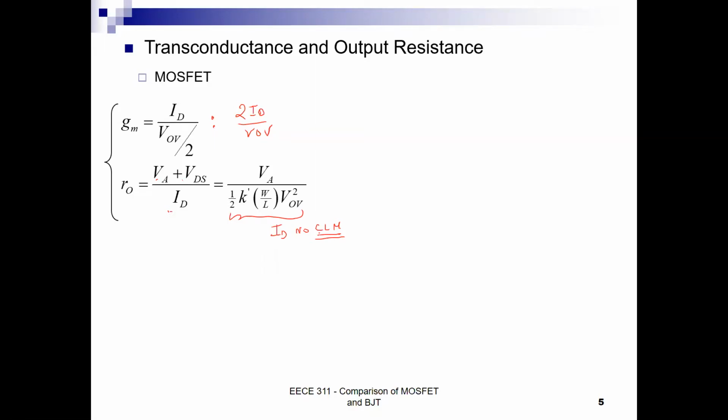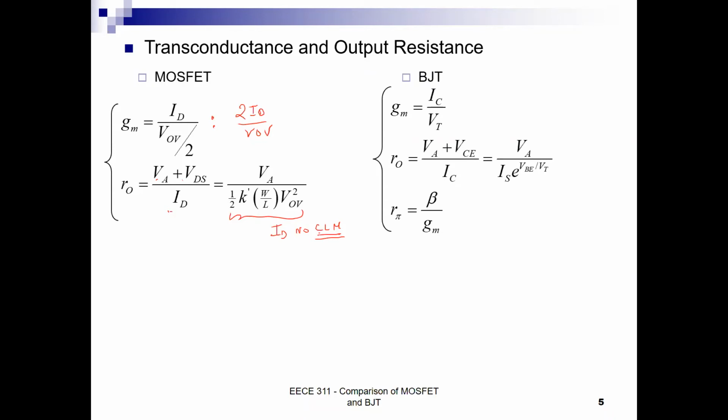Similar to those values, we can derive those values for the BJT. In the BJT, we have three parameters for the pi model: R pi, GM, and RO. So I have two resistors here, R pi, GM V pi, and RO.